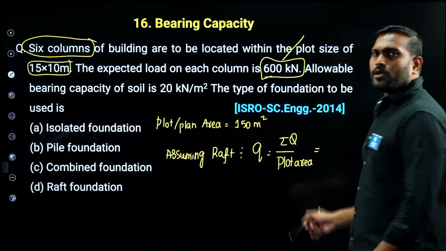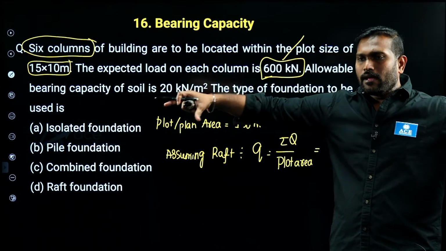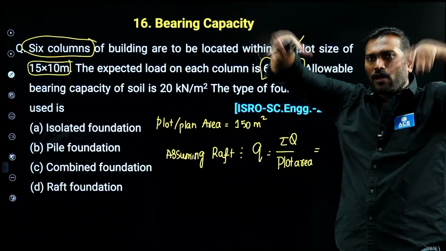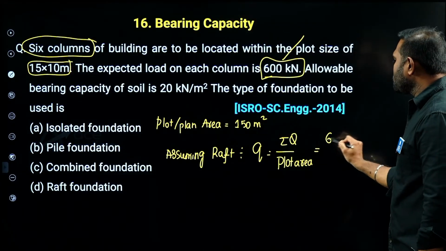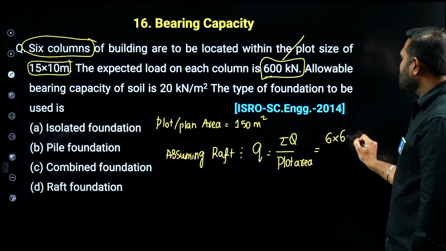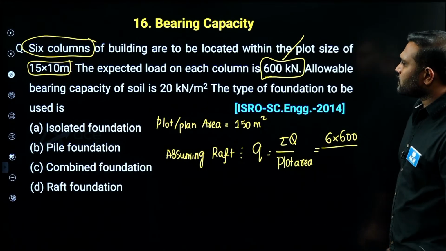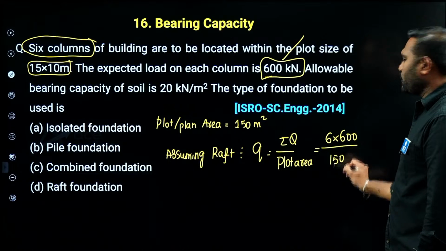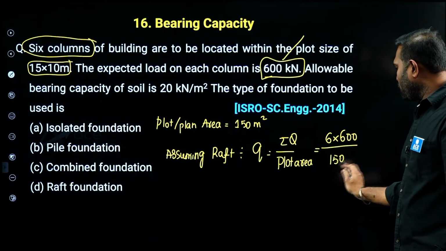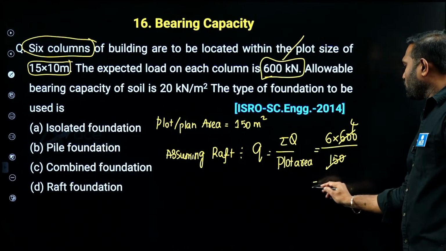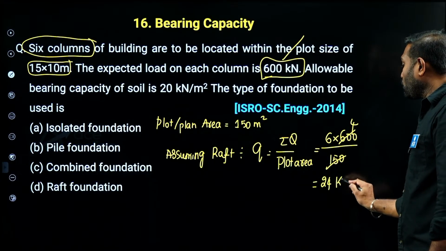Raft means one single footing with all 6 columns. So 6 into 600 by 150, which is 6 fours, 24 kilopascal.